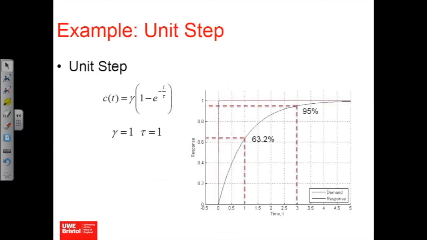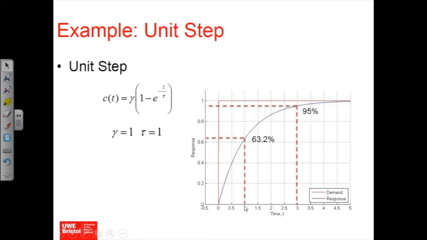There it is. The red line is my unit step input, and the blue line is my first order system response to that input. In this case, this has been normalized.